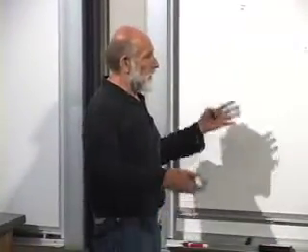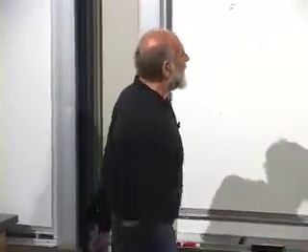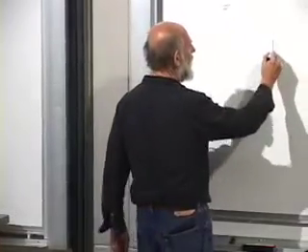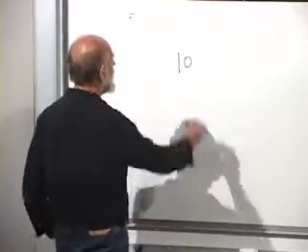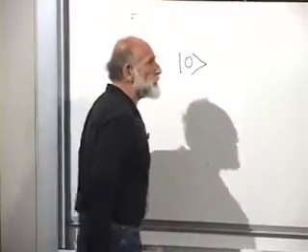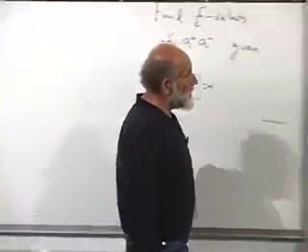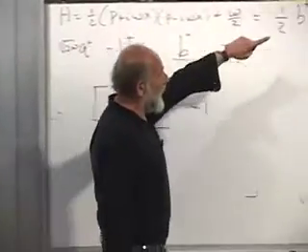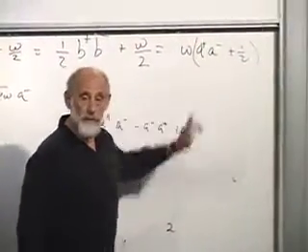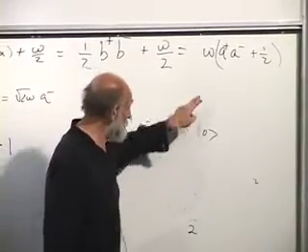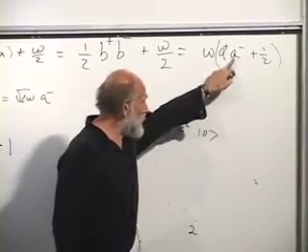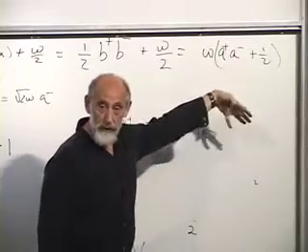Good. Now, let me show you something. If I take an eigenvector, let's call it 0, this is supposed to represent the ground state. What is the eigenvector of A plus A minus for the ground state? 0. Remember, A minus gave 0 when it hit the ground state.